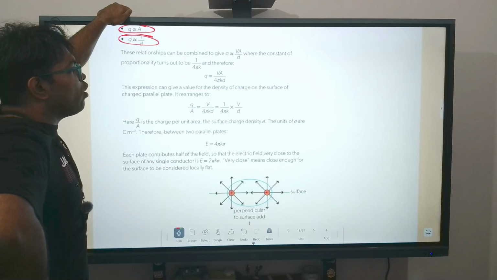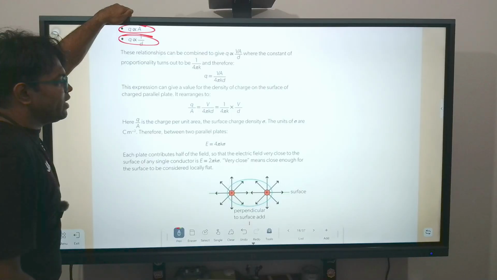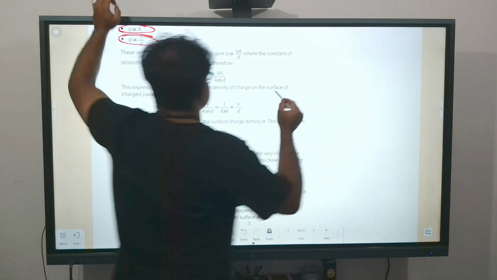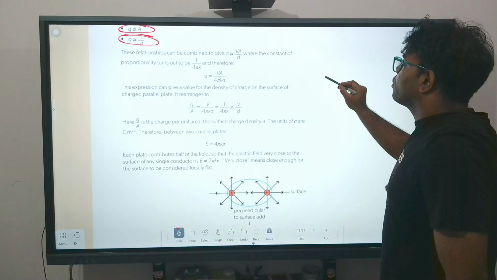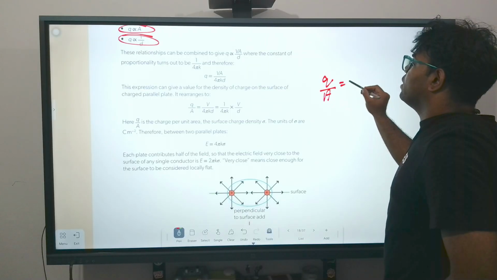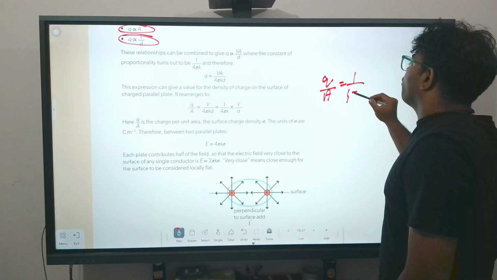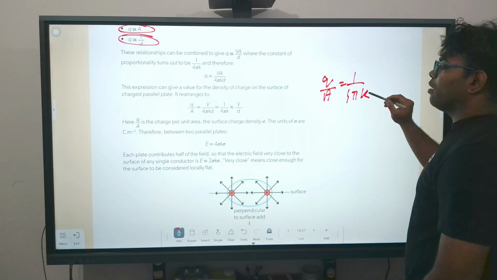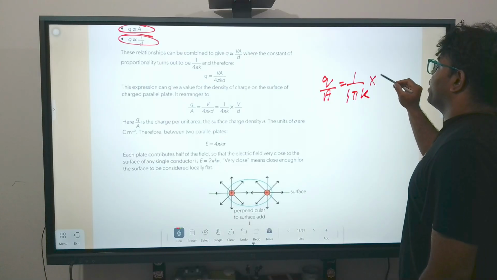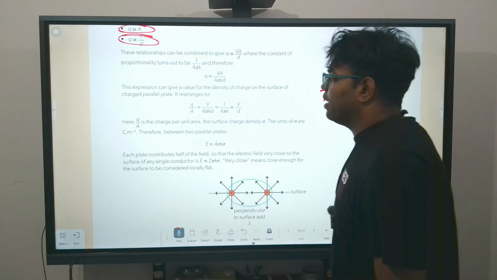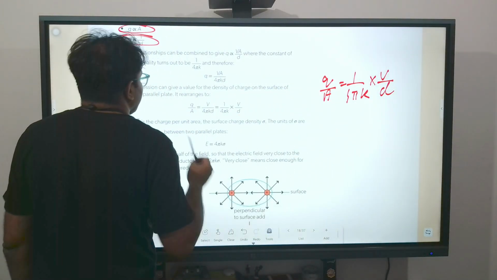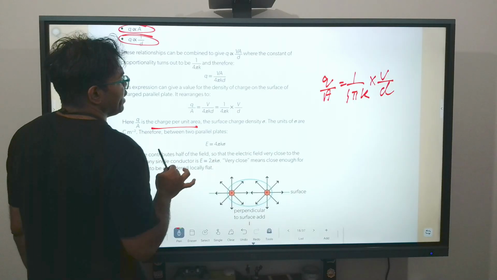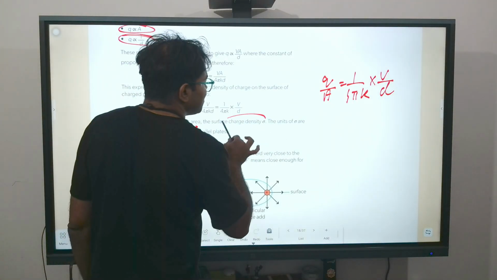Okay, this expression can give a value for the density of charge on the surface of the charged parallel plate. It can be rearranged as Q upon A is equal to 1 upon 4 pi k multiplied by V upon D. Here, Q upon A is the charge per unit area, the surface charge density sigma.